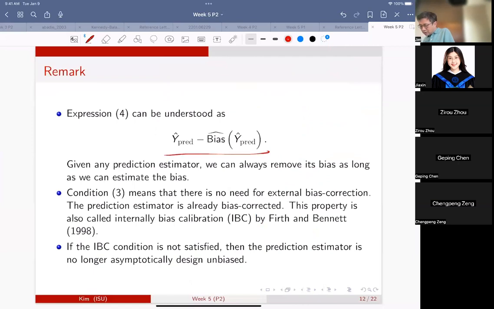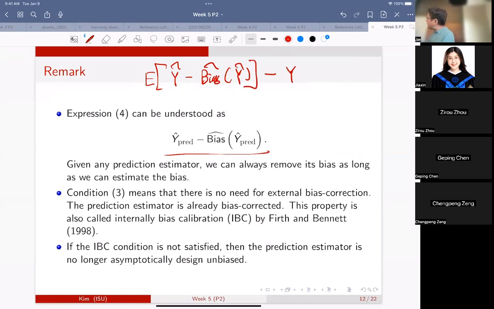Whenever you have an estimator, if you can somehow estimate the bias of that estimator and subtract it, then you can always make an unbiased estimator. Why? Let's ignore the subscript and take the prediction: y hat minus y.